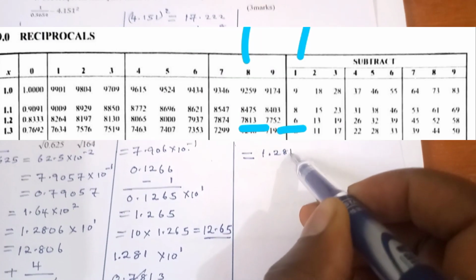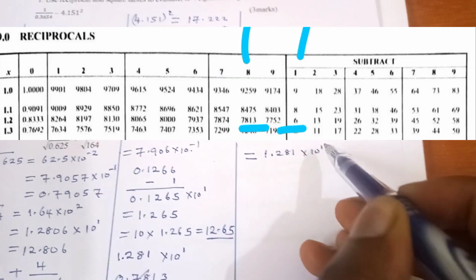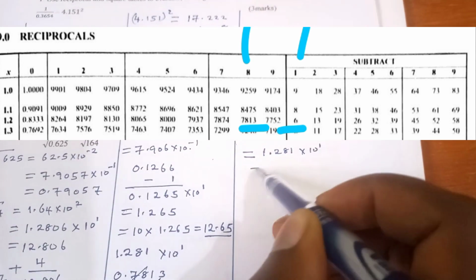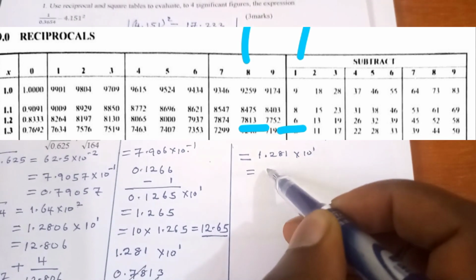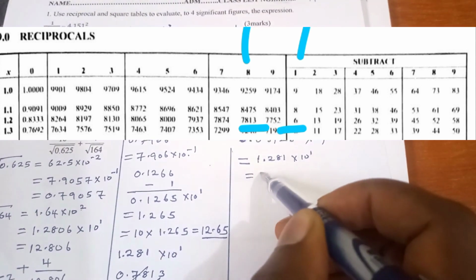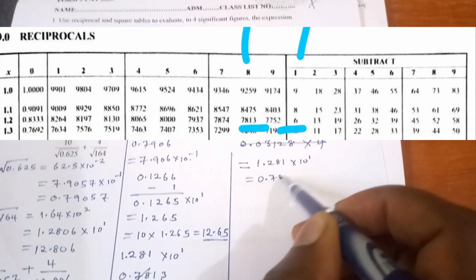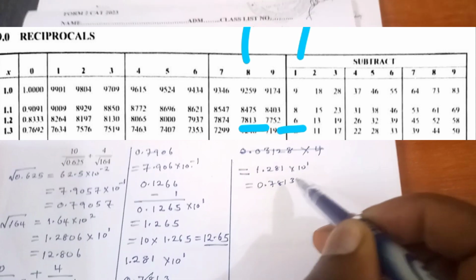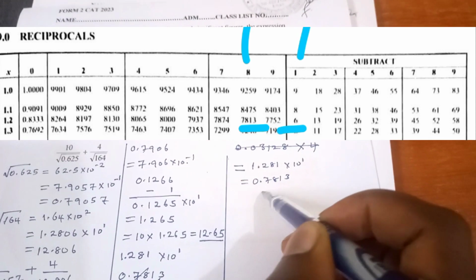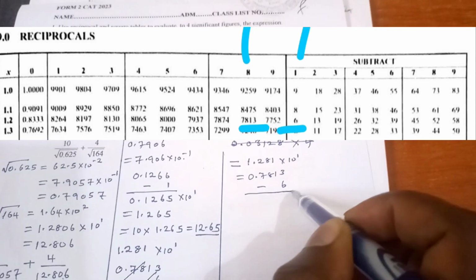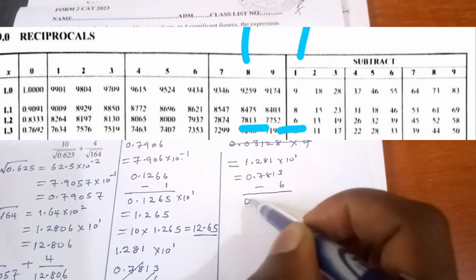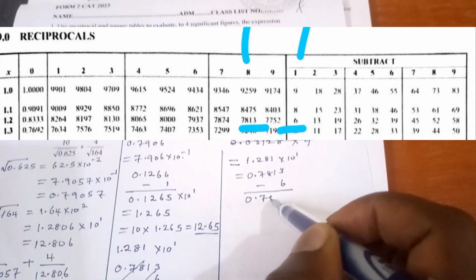So 1.281 times 10 to power 1. So the reciprocal will be 0.7813. Then for the column 1, we are going to less 6 and get 0.7807.